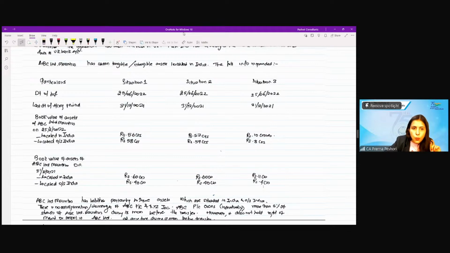So in situation 1, how much is the value of asset you will consider as on the date of transfer, students? What is the value of the asset that we will consider? Please give me the numbers.